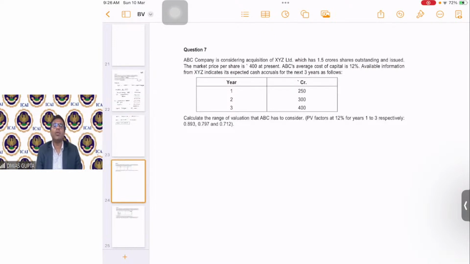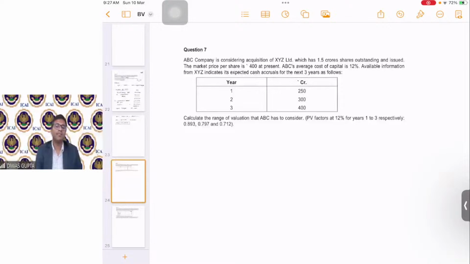Calculate the range of valuation that ABC has to consider. Now it is asking for a range of valuation. What is the range of valuation? The highest amount and the lowest amount that ABC can pay to XYZ Limited. So that means we have to value this business from two methods, right? Which are those two methods?